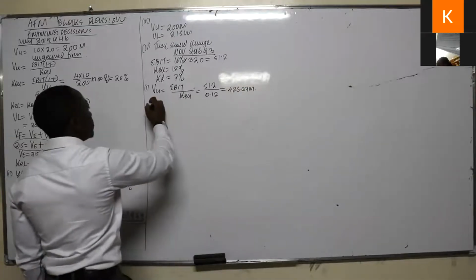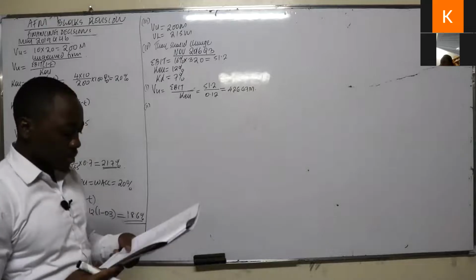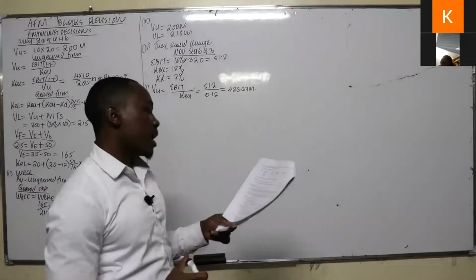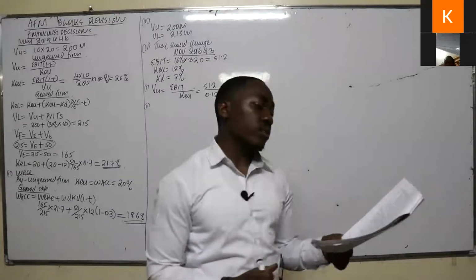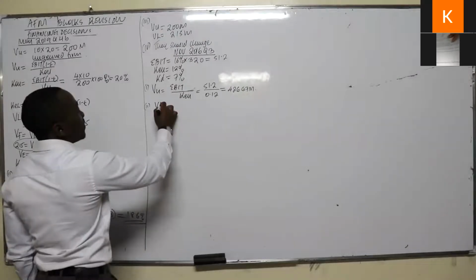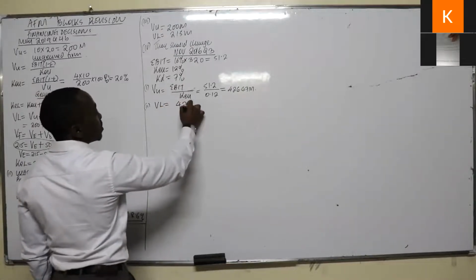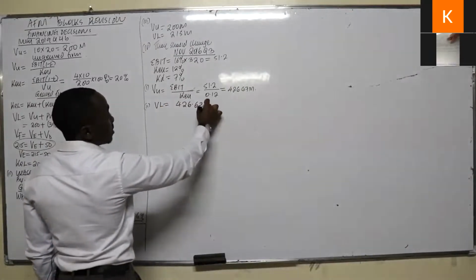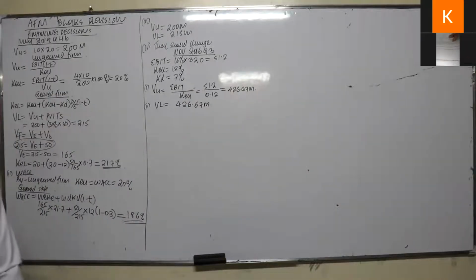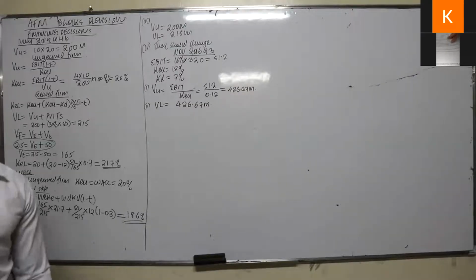Number 2: the current value of the geared firm, if it uses 10 million of 7% debt. So the value of the geared firm will still be 426.67. Is that correct? Yes, assuming there are no taxes, the value of the geared firm and the value of the ungeared firm will be the same.